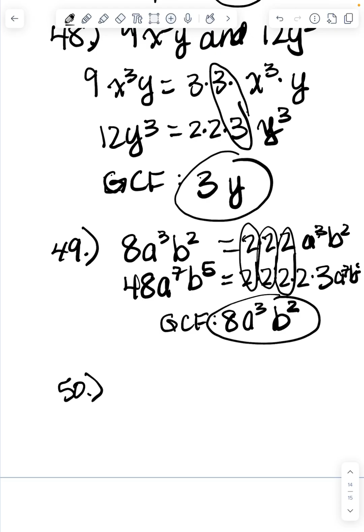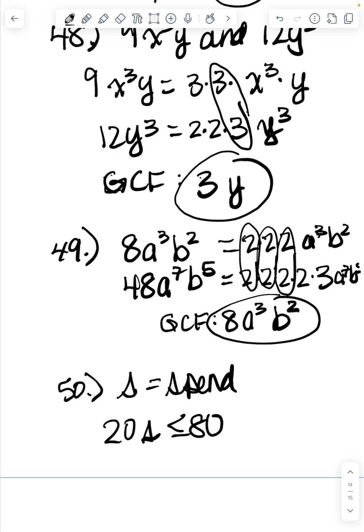Number 50, Aubrey wants to give a gift to each of her 20 classmates but cannot spend more than $80. How much can she spend on each gift? So let's call it S is how much she can spend on each gift. She has 20 classmates, so it's going to be 20 times S, and she can't spend more than $80.